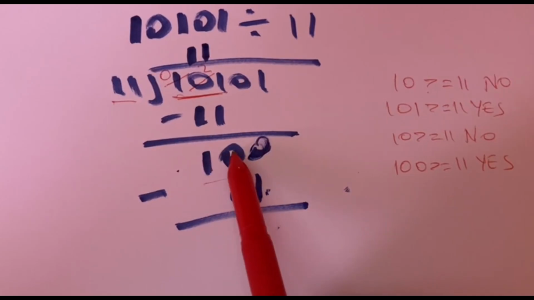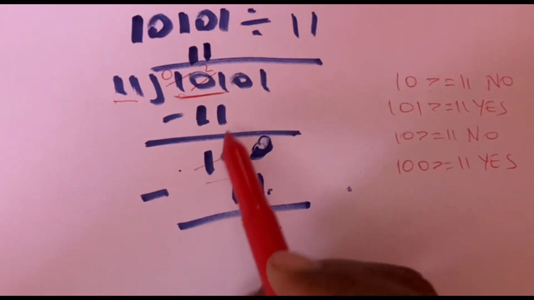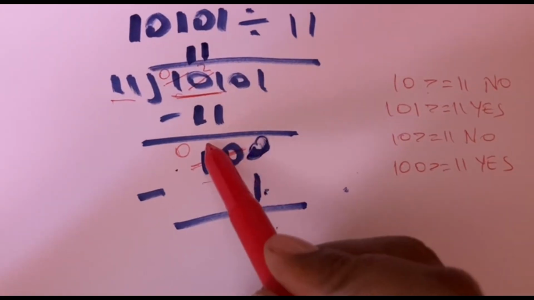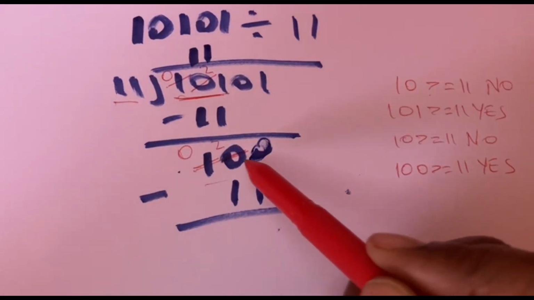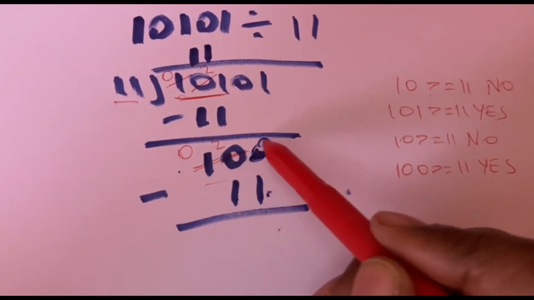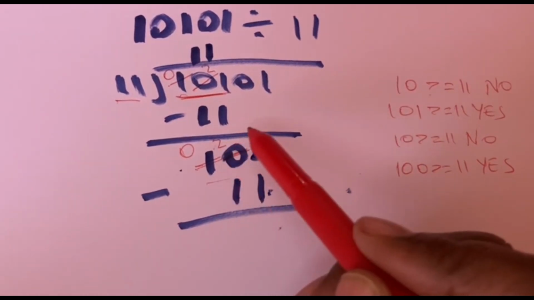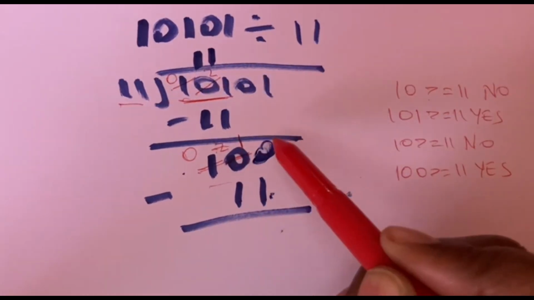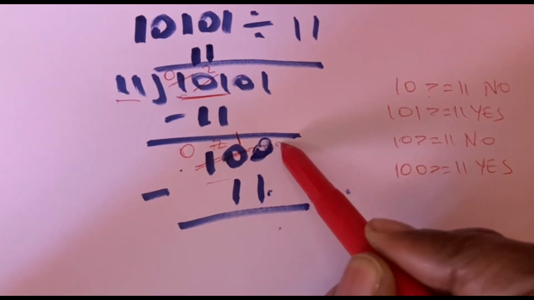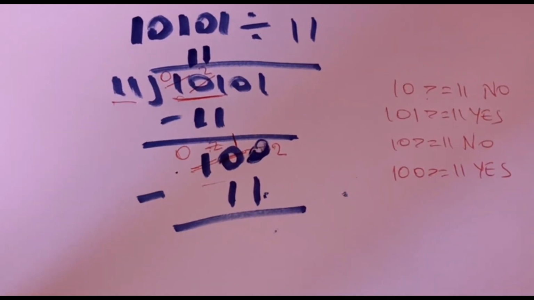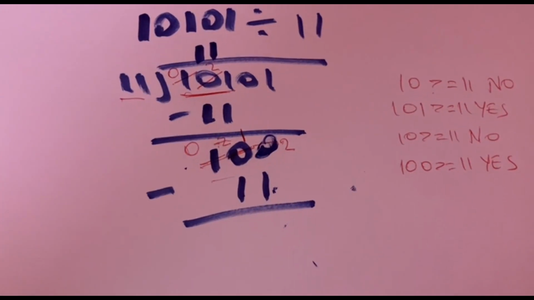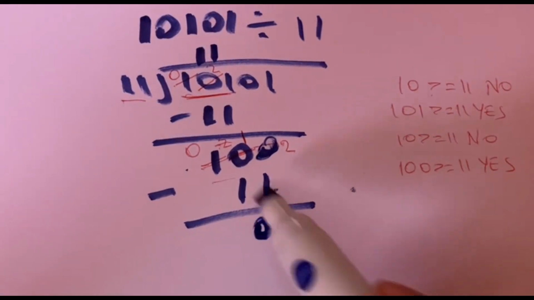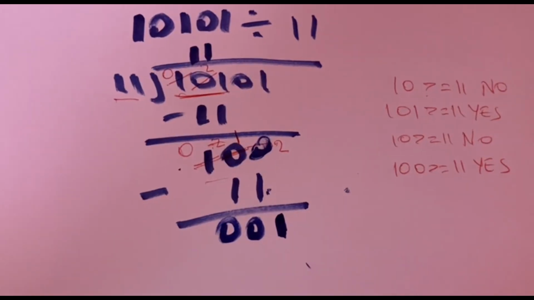So this must borrow from here. So this changes to 0, this changes into 2. Now 2 can lend to this 0, or 0 can borrow from here. So the 2 changes into 1 and the 0 changes into 2. So 2 minus 1 is 1. 1 minus 1, 0, and 0, 1.